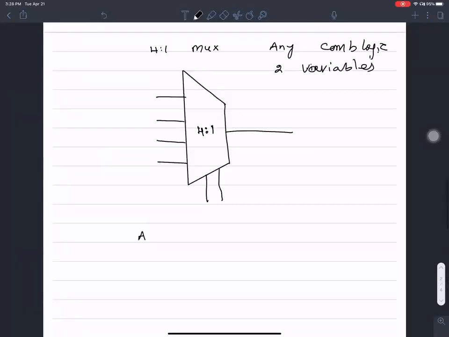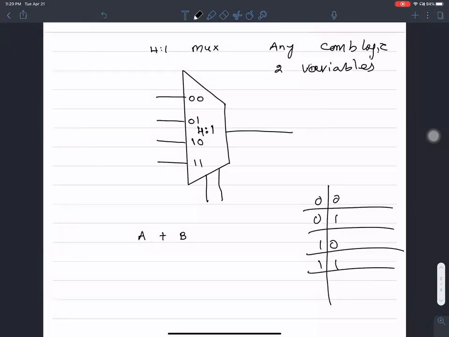Let's say I have 2 variables A, B, and I want to implement the OR of those 2. The inputs could have a combination of 0 0, 0 1, 1 0, or 1 1. That's the truth table. The output corresponds to 0, 1, 1, 1, which is the OR gate, right?